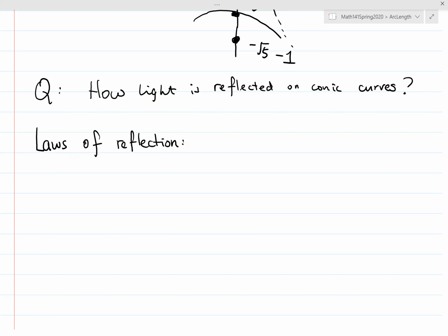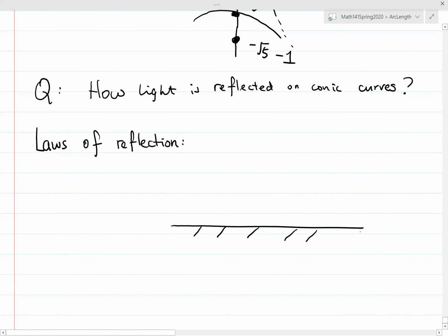Okay, this is not part of physics. So suppose we have a surface, and light is reflected on the surface. We have a ray.